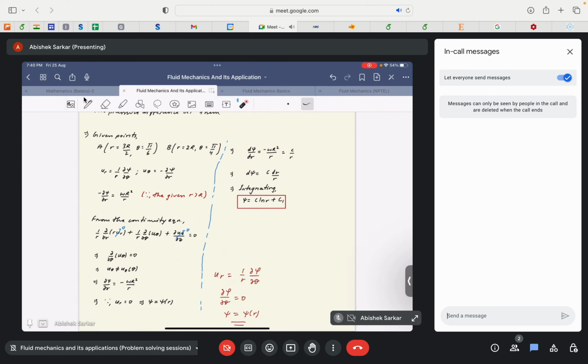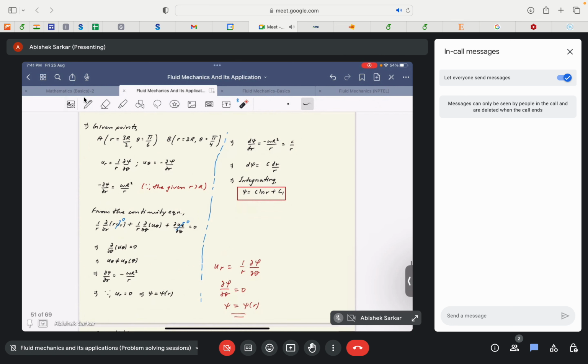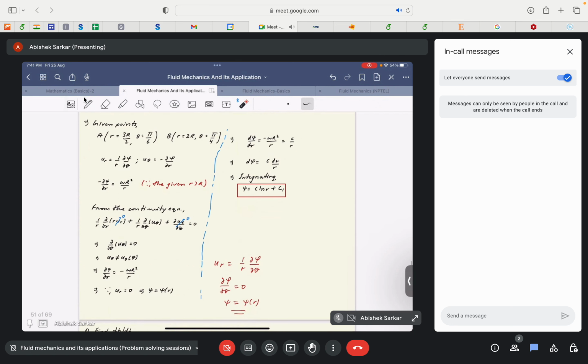After the integration we get that psi is equal to c ln r plus c1, some arbitrary constant. It's not a function of theta or r. Even if we don't go up to this step, from here itself we can see that psi is only a function of r.